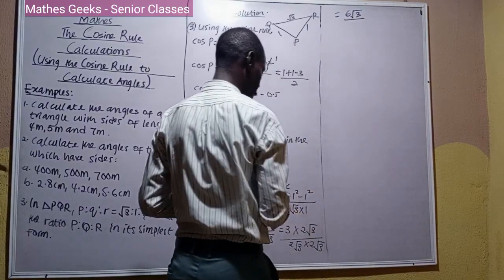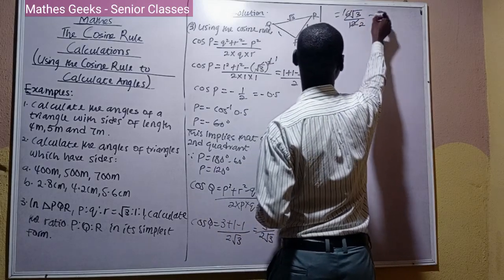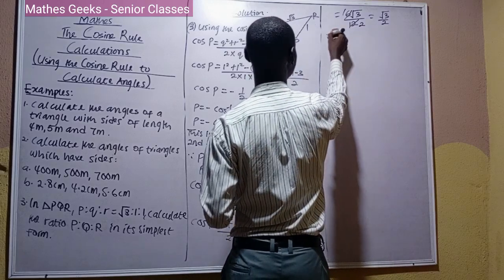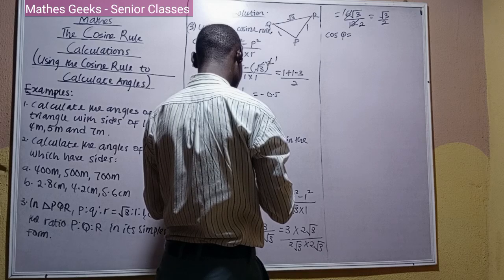And then 2 times 2 will give us 4. Root 3 times root 3 will give us 3. So 4 times 3 is 12. So that's 6 here, 6 here, so root 3 over 2. Cos Q is equal to root 3 over 2. So what is it?